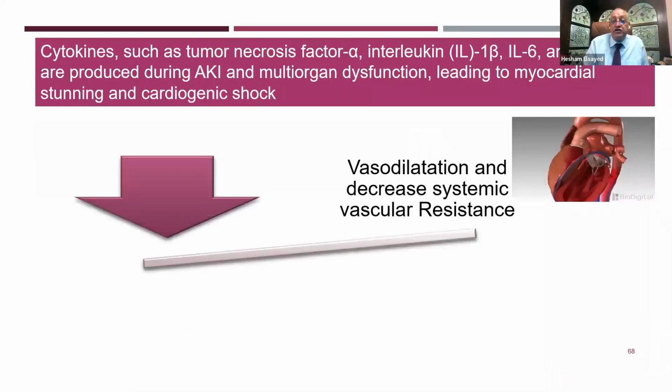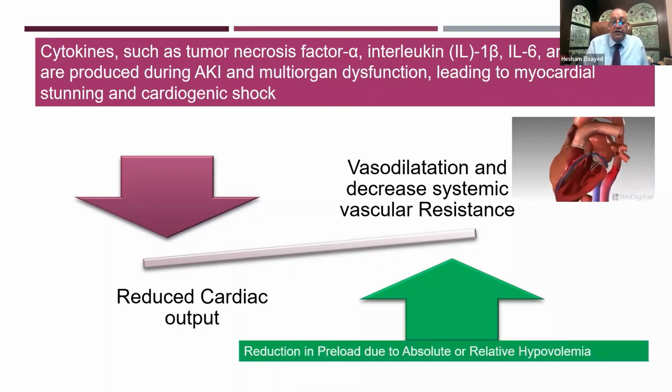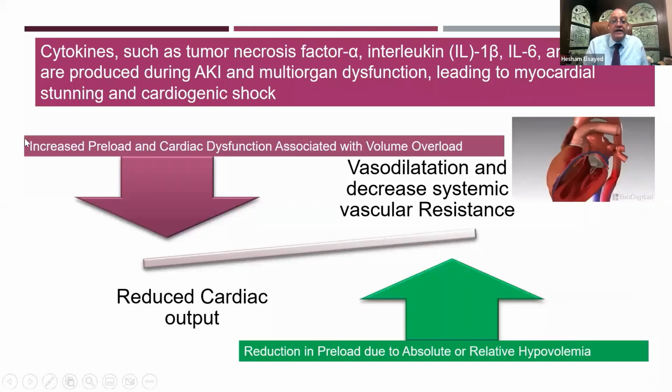So we have here vasodilation mainly in sepsis, as well as reduced cardiac output, including tumor necrosis factor, interleukin 1, 6, 18, as produced during acute kidney injury and multi-organ dysfunction. Reduction in preload, meaning what the heart has to pump, due to absolute or relative hypovolemia, with increased preload and cardiac dysfunction associated with volume overload.